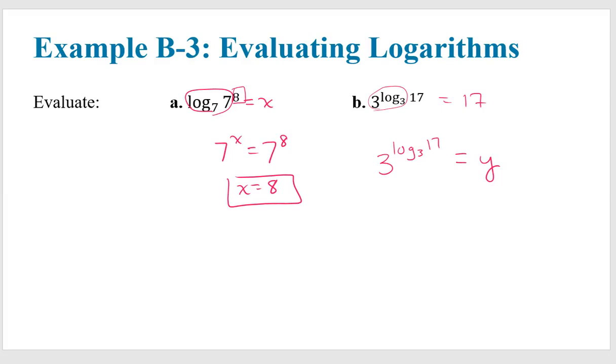So your logarithm is going to be base 3, right, because you're base 3, of y equals your exponent, which is log base 3 of 17. And notice that these are identical. Your y must be 17. So notice we get the same answer. So it's just a matter of you getting comfortable with these rules. You can always revert back to changing into exponential form and then go from there too.